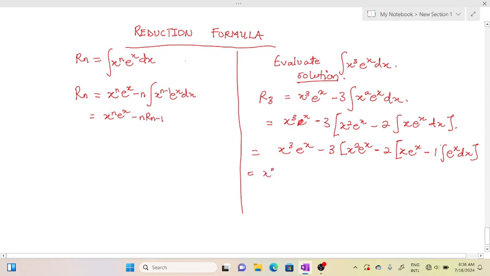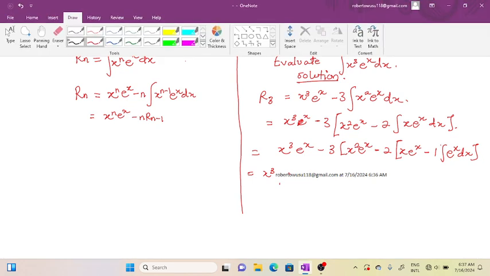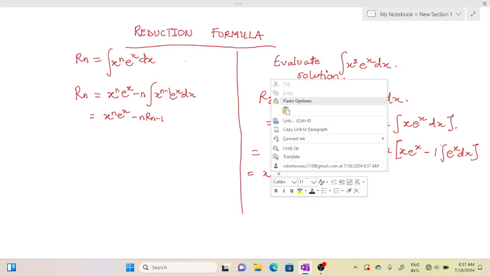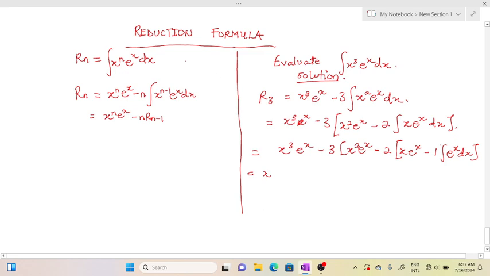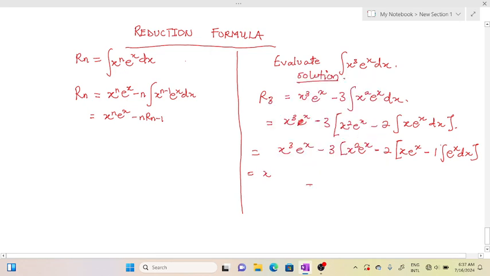So I'm having x cubed e to the power x, let me write somewhere here, x cubed e to the power x.